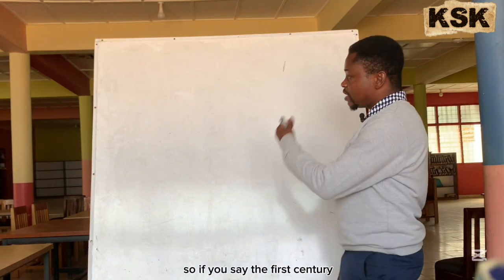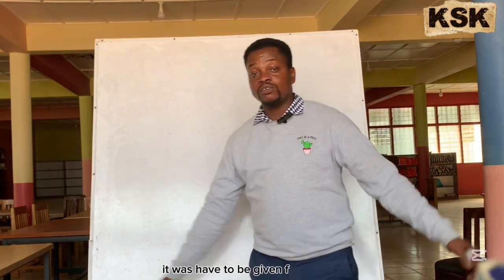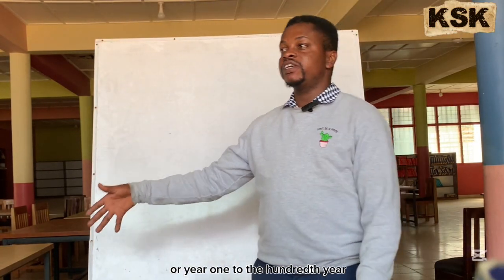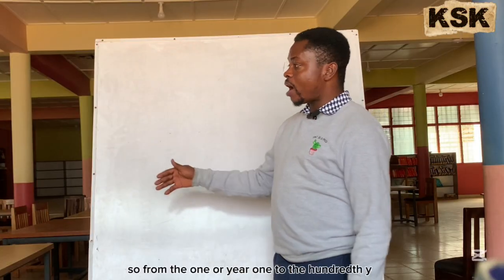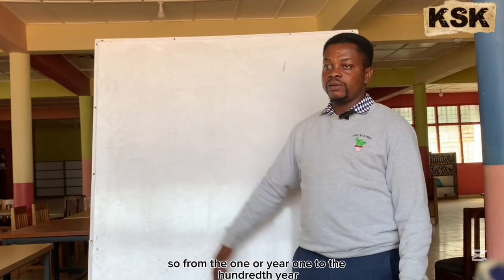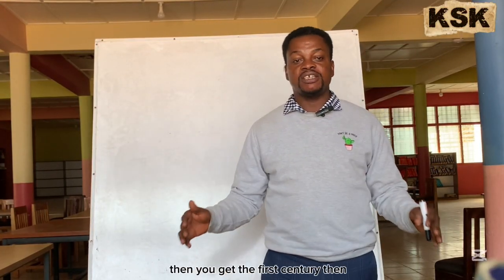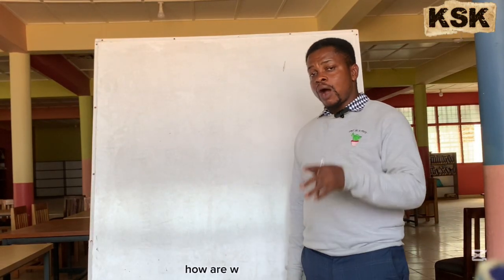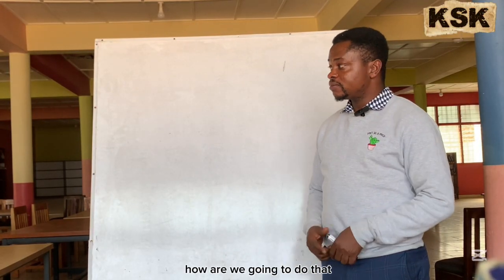So if you say the first century, it will have to be given from day 1 or year 1 to the 100th year. Then how are we going to do that?